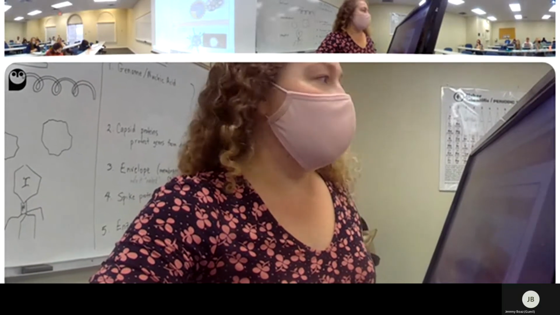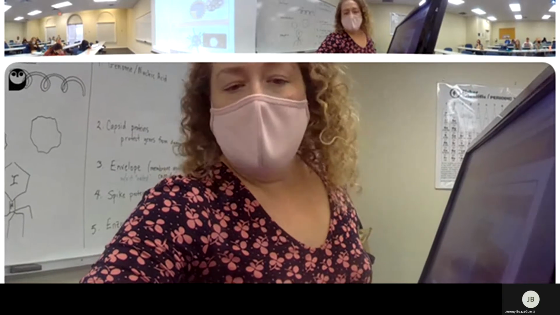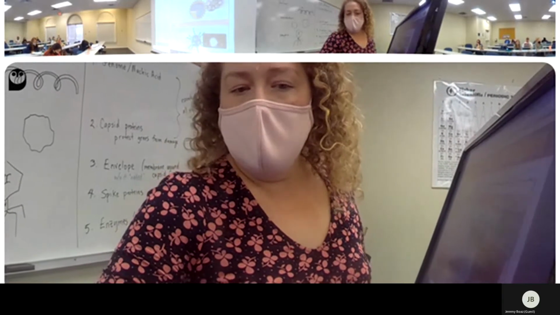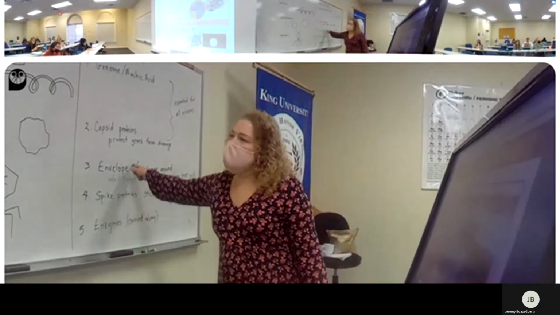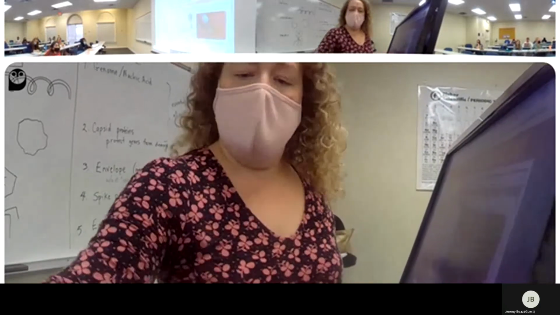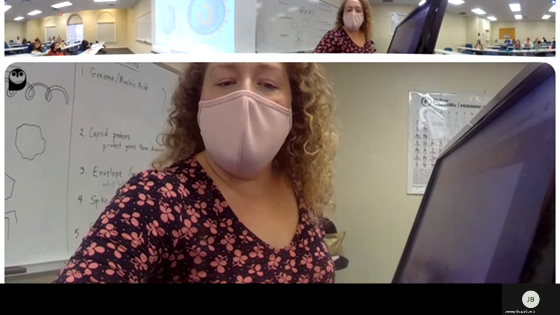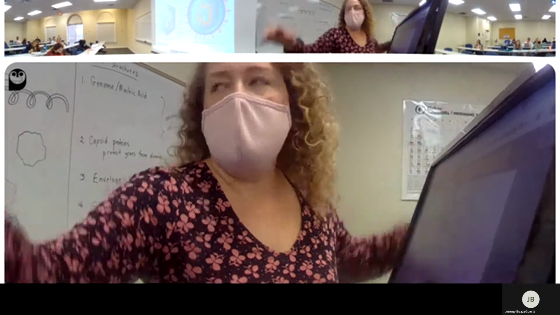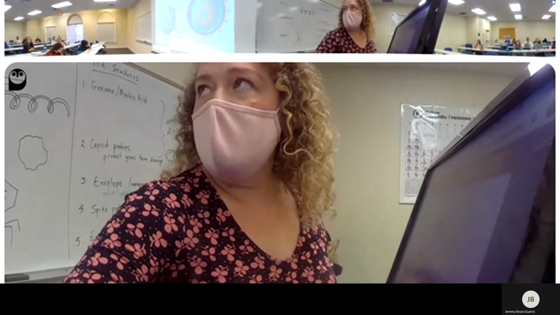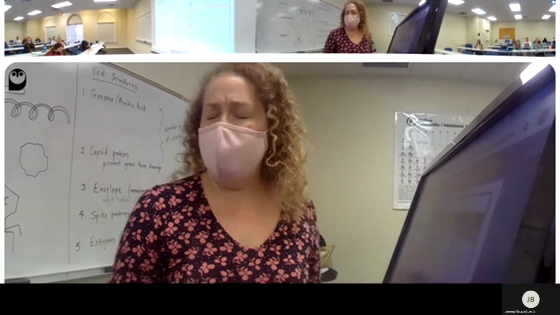It's just part of its nature that it only has genome and capsid. You can have spike proteins and an envelope. If you do, here's the membrane. Here's the spike protein sticking out through the membrane. Coronavirus is one of those. So those are the 5 parts.